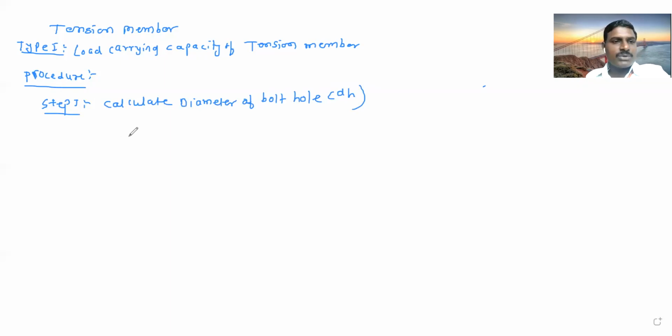So as per the earlier procedure, we can calculate DH is equal to D naught plus 1, or DH is equal to D naught plus 2, or DH is equal to D naught plus 3.